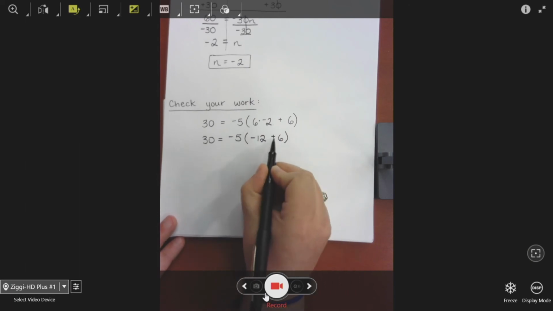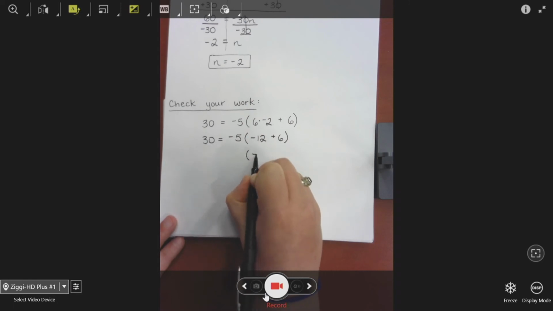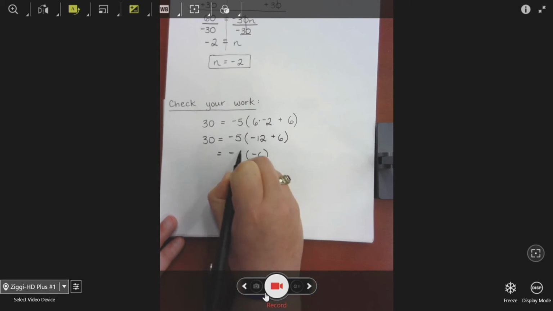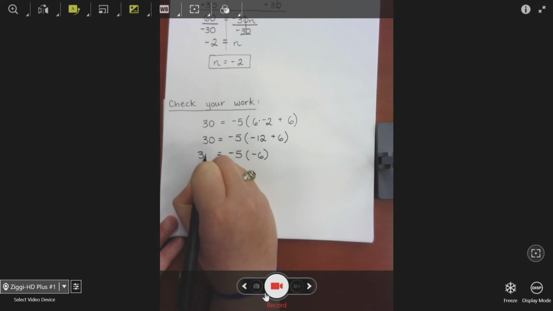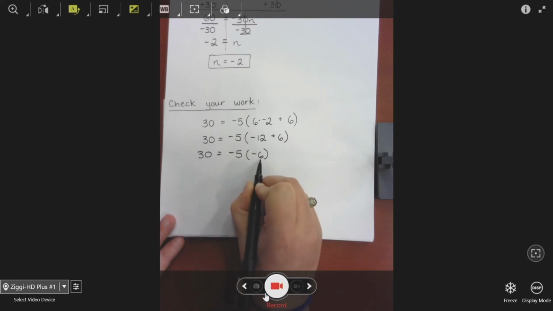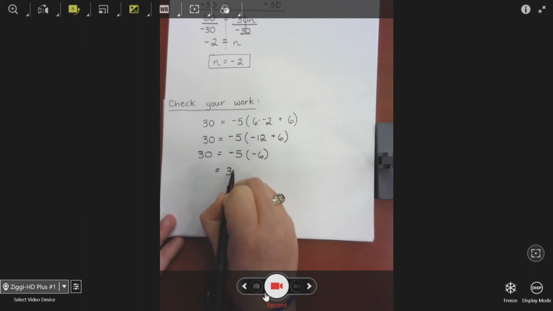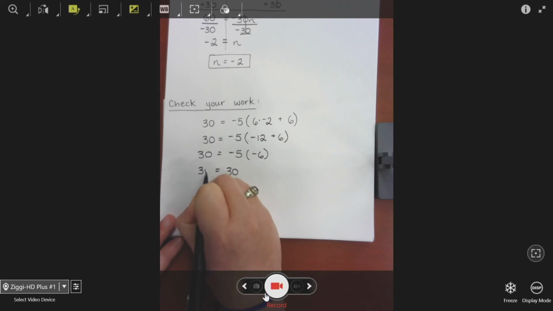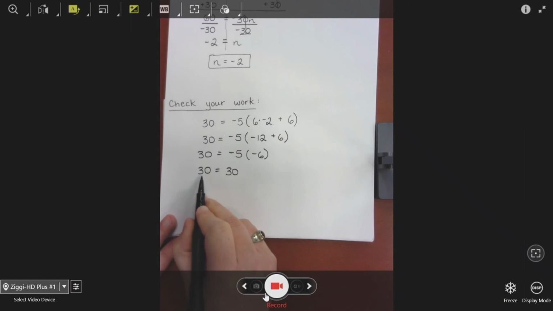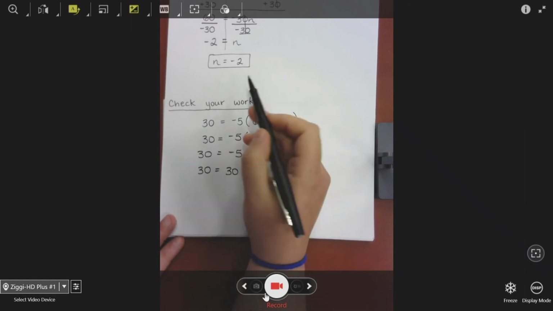So we have negative 12 plus 6 is a negative 6. So we're left with 30 equals negative 5 times negative 6. And a negative 5 times a negative 6 equals 30. So we're left with 30 equals 30. If this solution is true, which we know 30 does equal 30, we have got the correct solution.